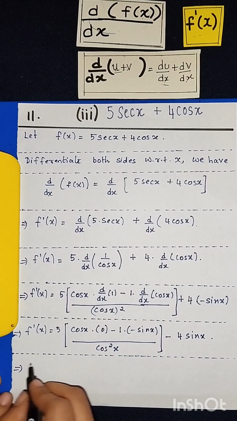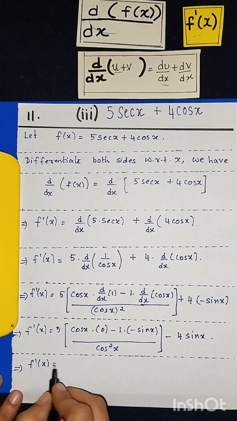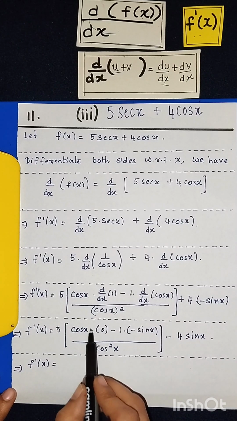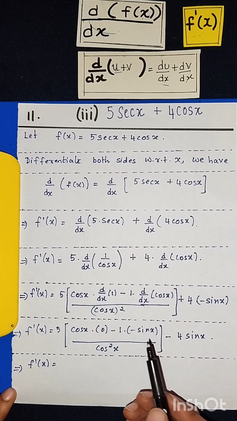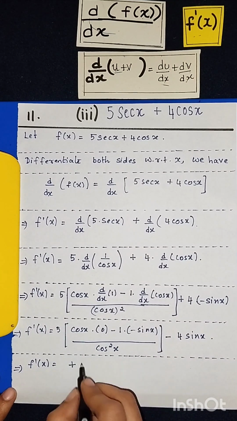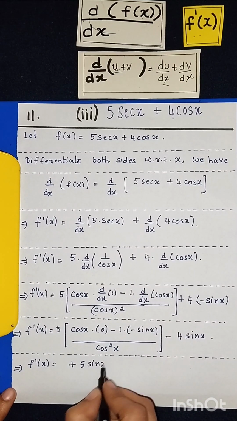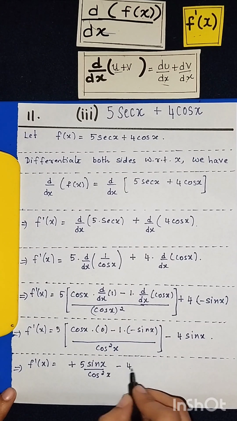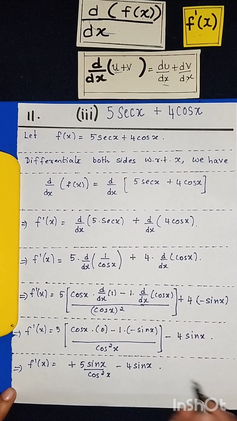So this implies f dash of x is equal to, let us multiply 5 inside, cos x into 0 is 0, so this term will get cancelled. Now minus into minus is plus, 5 into sin x divided by cos square x, minus 4 sin x.